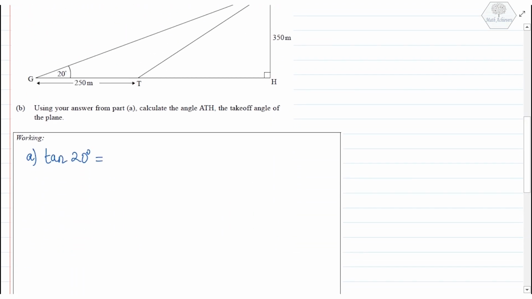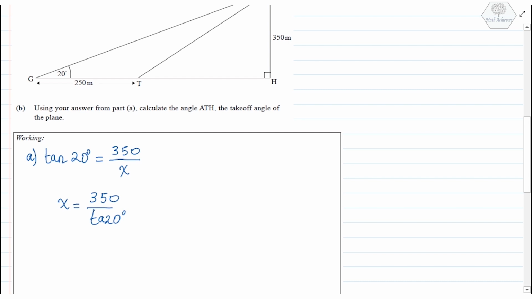So the opposite is 350 over the adjacent, which is the unknown. I can set it as X. Now X is equal to 350 over tan 20.